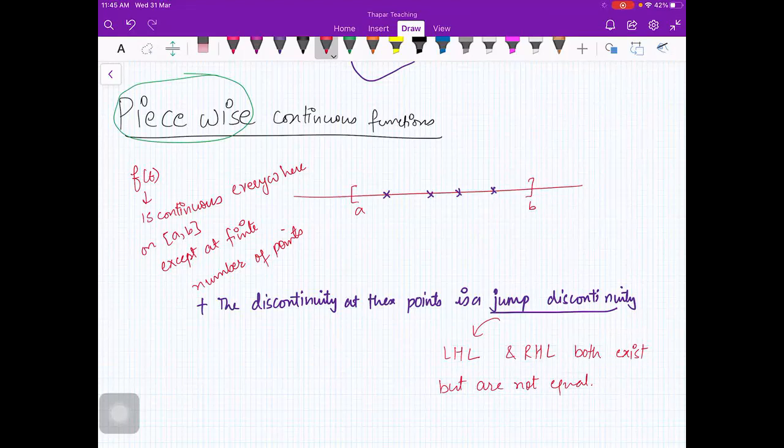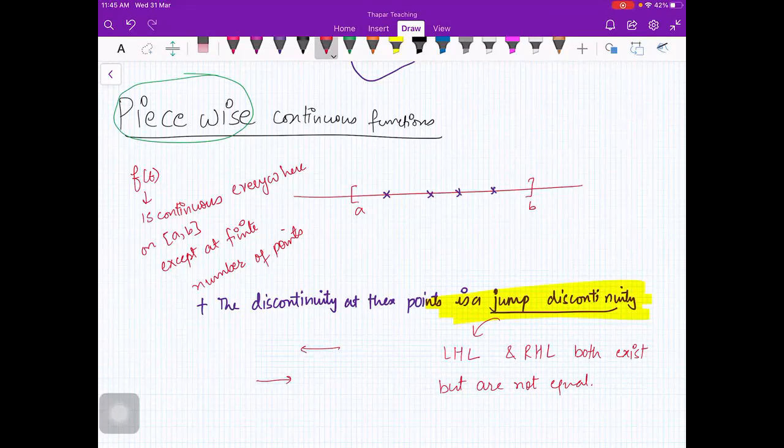So a function is said to be piecewise continuous on an interval a b if there are at most a finite number of points where the function is discontinuous, plus the type of discontinuity should be a jump discontinuity. What is a jump discontinuity? Left hand side limit exists, right hand side limit exists, but they are not equal.